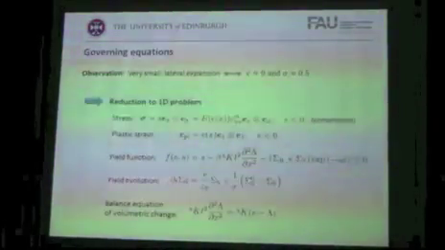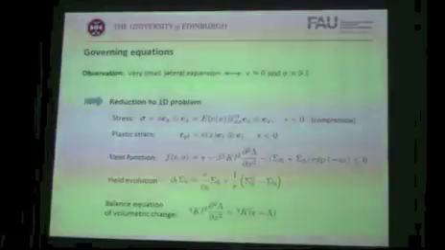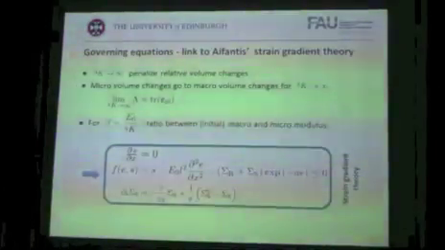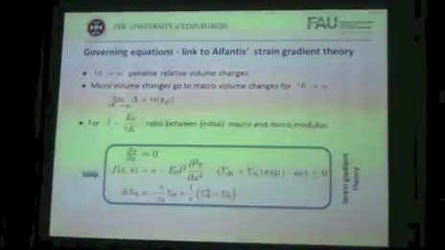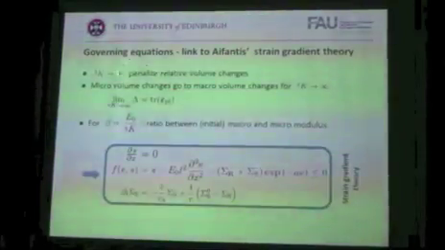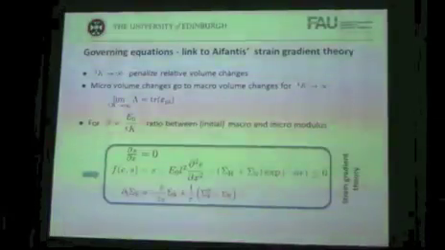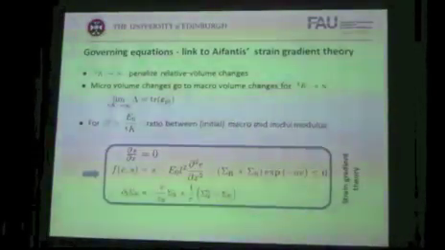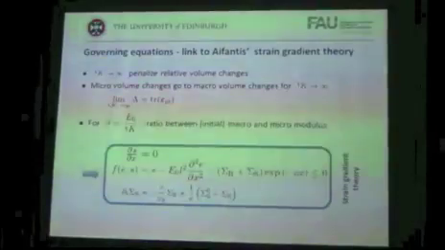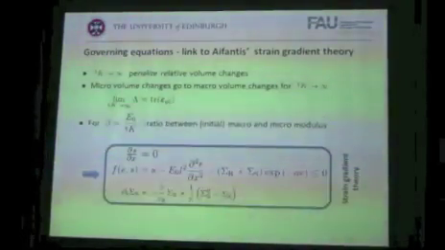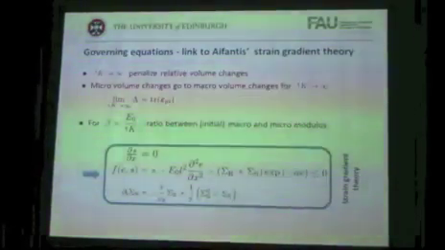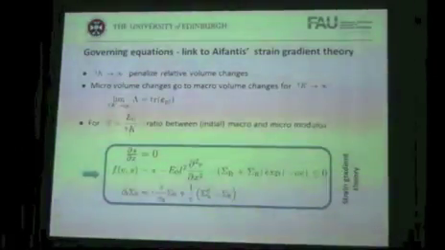We can link this theory to the classical Aifantis strain gradient theory, when we consider this volumetric change as a penalty parameter, so we make it very large. Then the difference between the micro volumetric change and the macro volumetric change gets penalized, so they get closer and closer together.